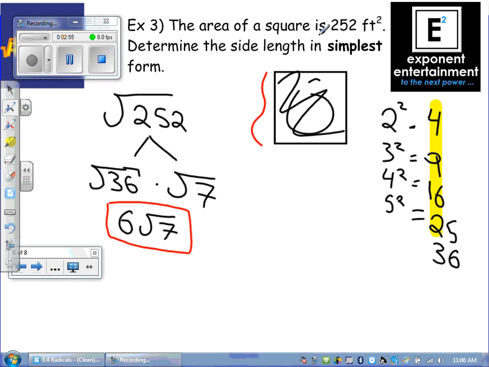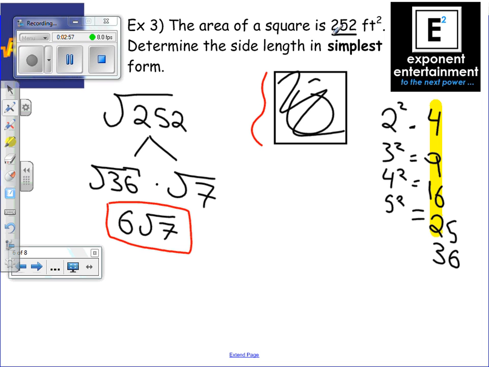The area is 252 feet. The side length is the square root of the area. So when you punch this in your calculator, what do you get? Right, so that's a side length, which isn't equal to 252, right? If you did that, and then you times it by itself, you would get 252. Good, Johnny?